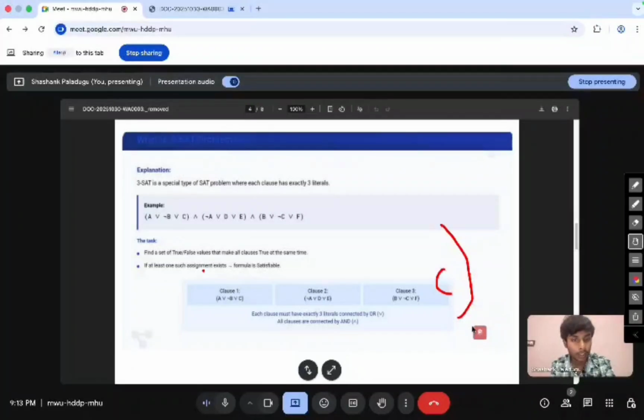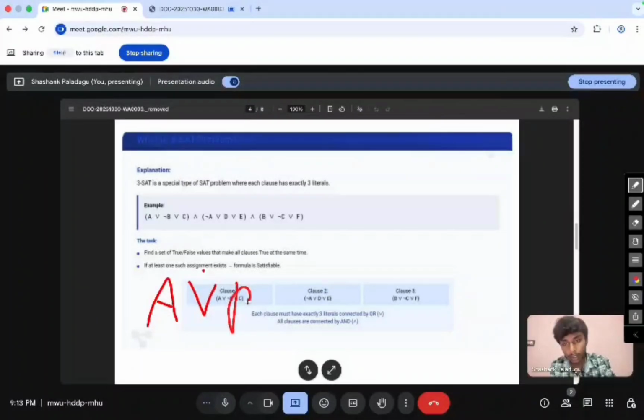Here I'll take A or B, or not B. A or not B, which gives you or not C. Now tell me, is this a valid clause?